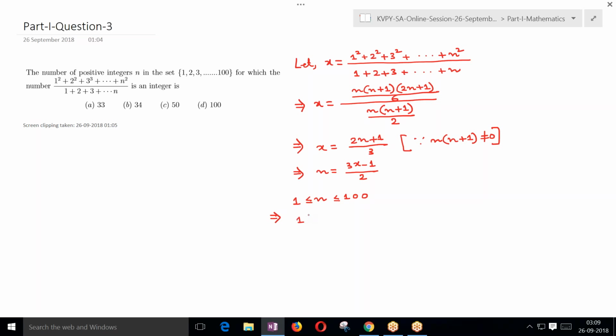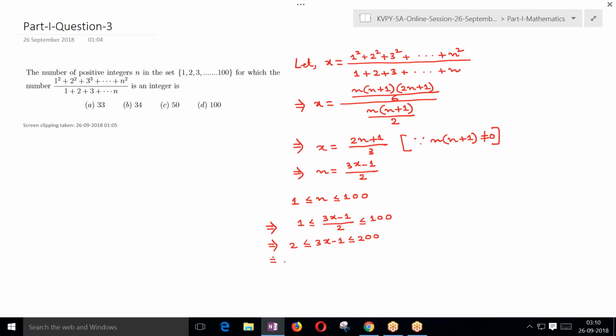So this implies 1 less than or equal to (3x minus 1) by 2 less than or equal to 100. From there we get 2 less than or equal to 3x minus 1 less than or equal to 200.